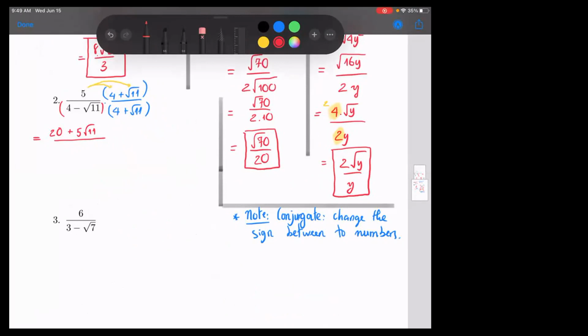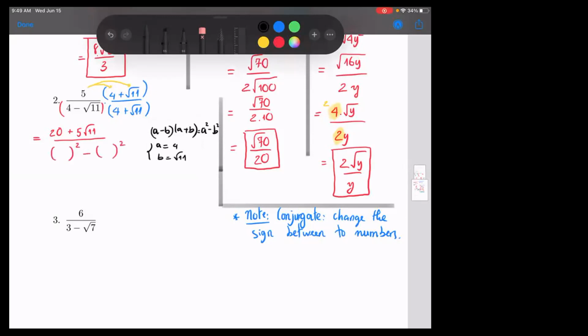What's my B? Yeah. So let me just put a little reminder here. Here A is 4. B is root 11. So that means something squared minus something squared.